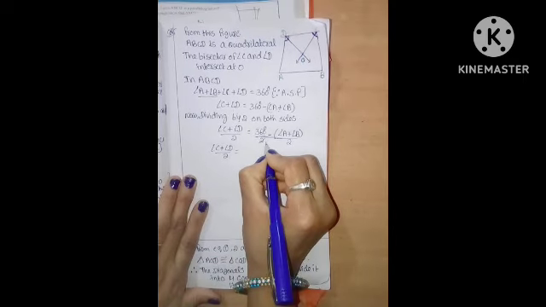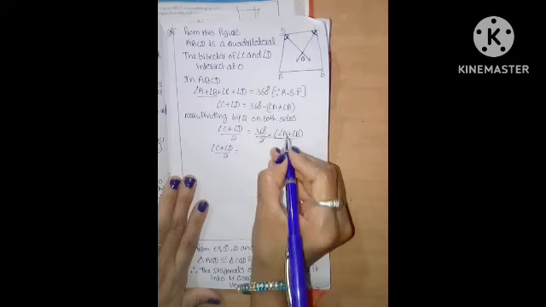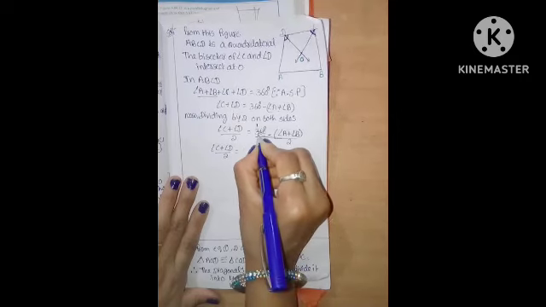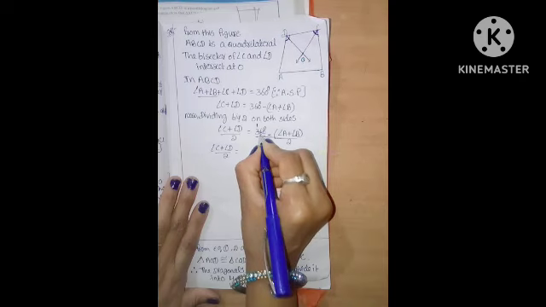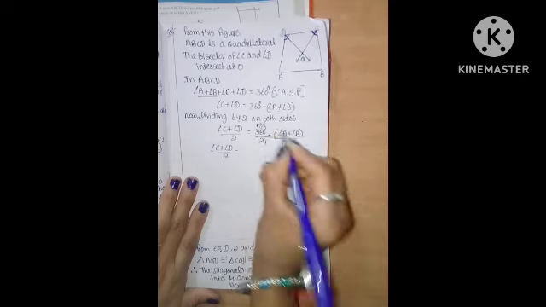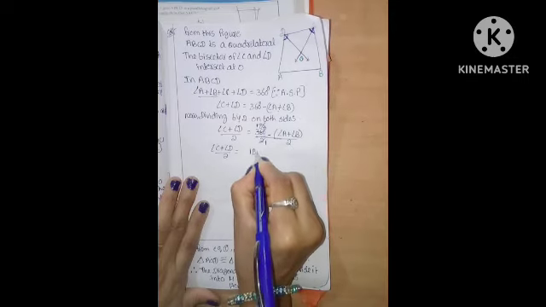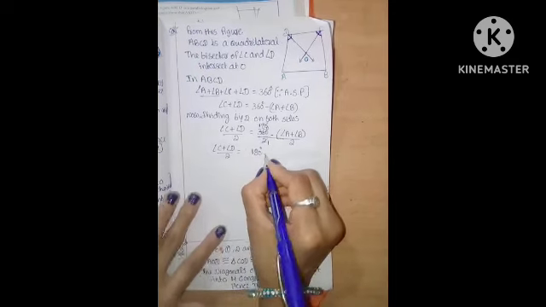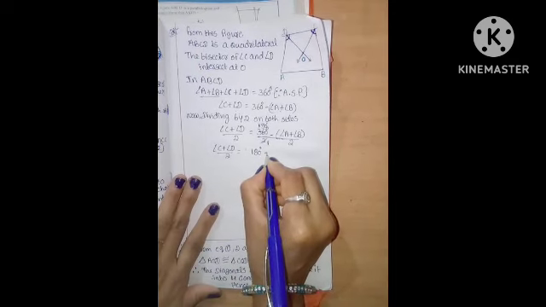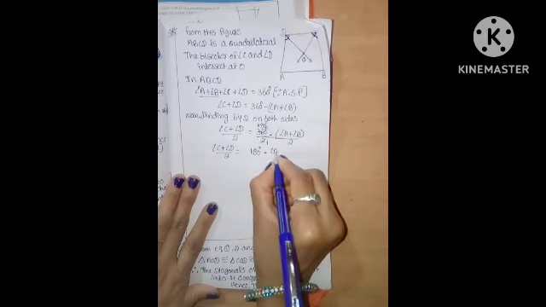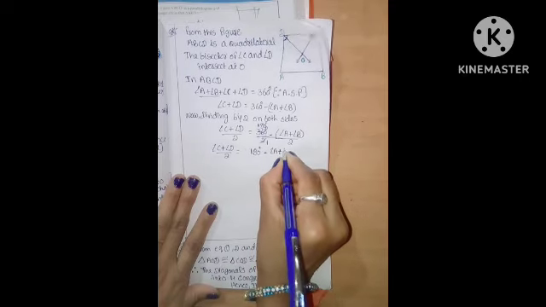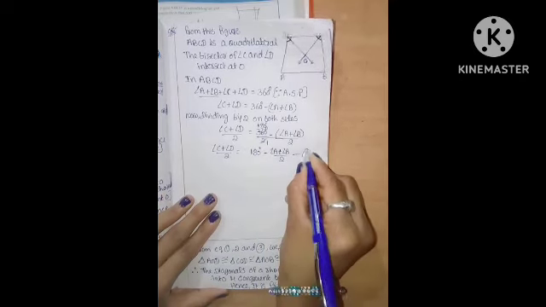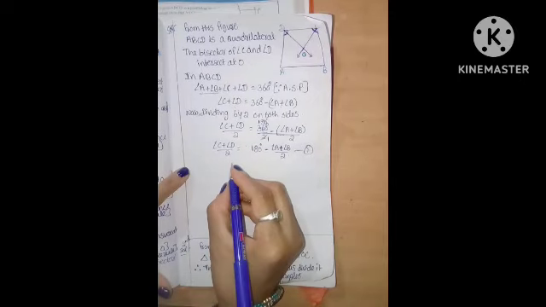Now simplification: cancellation in the table of 2. 2 ones are 2, and here 2 ones are 2; 2 eights are 16. After cancellation we get 180 degrees minus angle A plus angle B by 2. This is equation number 1. Are you clear? Next.